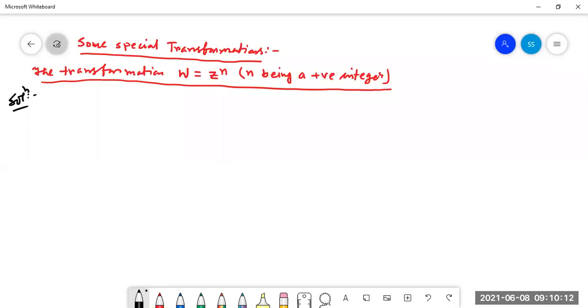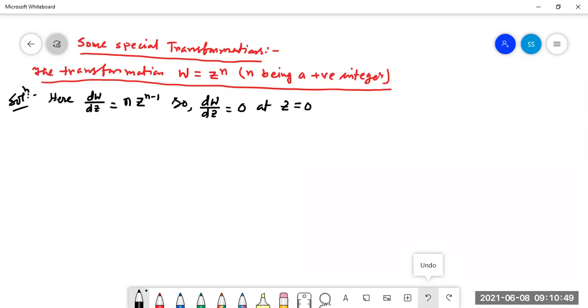So here W equals Z to the power n, and the value of dW/dz is n Z to the power n minus 1. So dW/dz is equal to 0 at Z equal to 0. When the value of Z equals 0, dW/dz will be 0, so at the point Z equals 0.